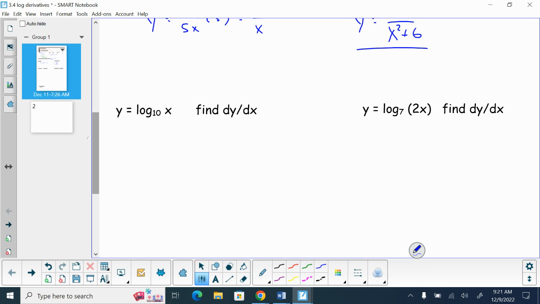Well, what if we have y equals log base 10 of x? We want to take the derivative of the log. Unfortunately, natural logs are a lot easier to work with than regular logarithms. But if we follow the same method of madness, we can rewrite this as 10 to the y is equal to x.